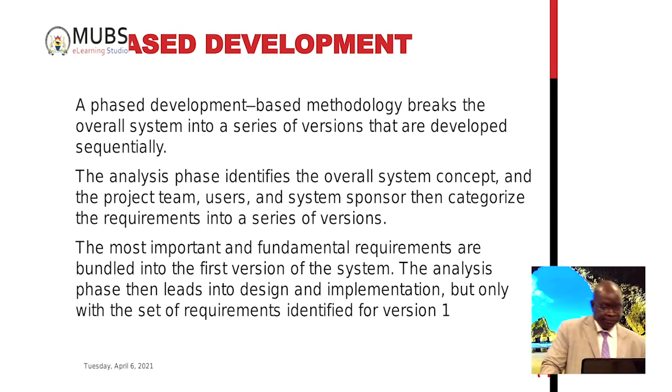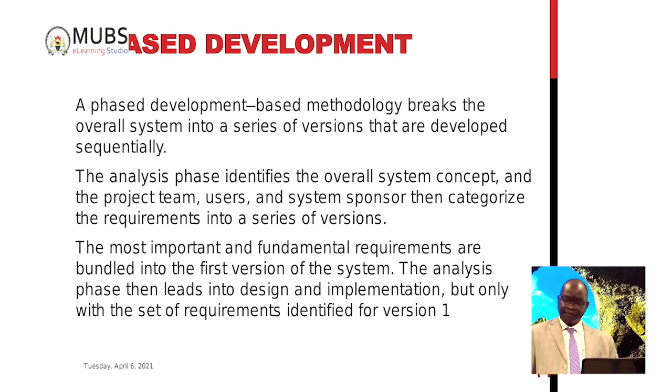So another approach after parallel development is what we call phased development. Now, for phased development, the problem may be big, but the best way to proceed is to break down the entire problem into smaller parts.